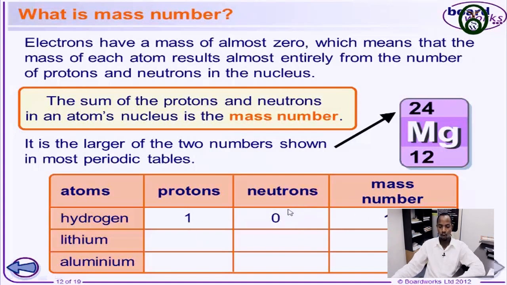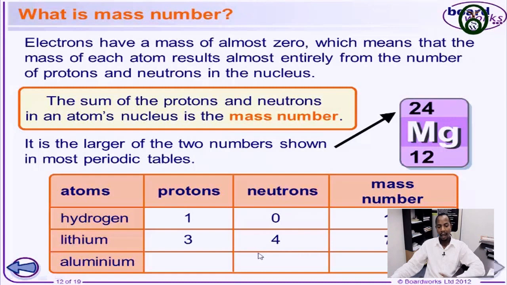If this one was 2, it means here would be 1, because 1 plus 1 would have been 2. But because the mass number of hydrogen is 1 and the number of protons is 1, which determines the atomic number, the number of neutrons found in the nucleus of that atom is 0.